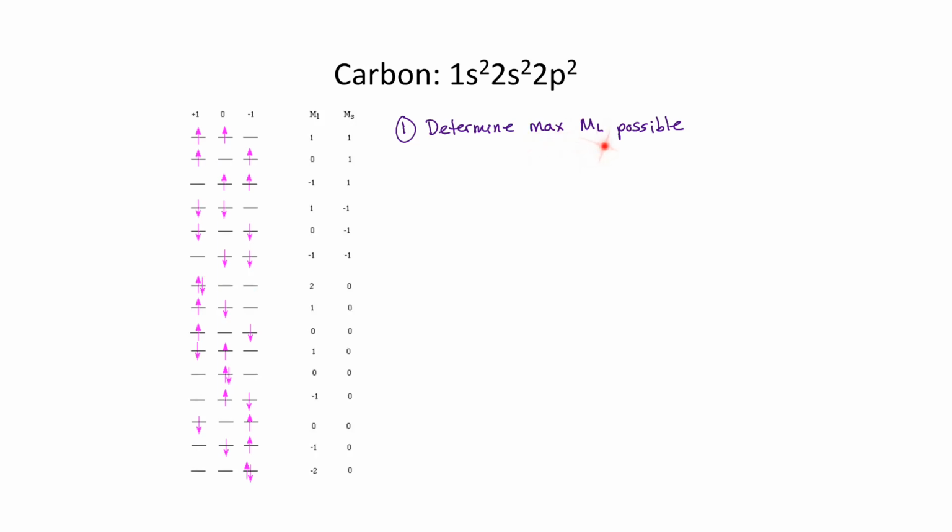If we look down our row here, we see that we get a maximum m sub l of 2. That maximum m sub l value arises when we have our 2 electrons located in that m sub l equals +1 orbital.